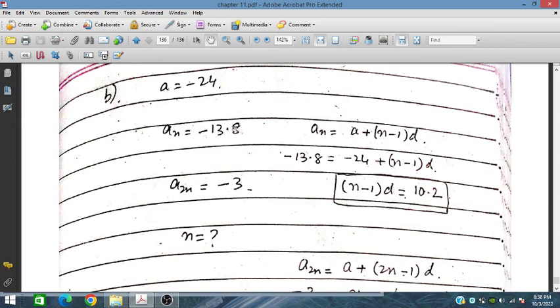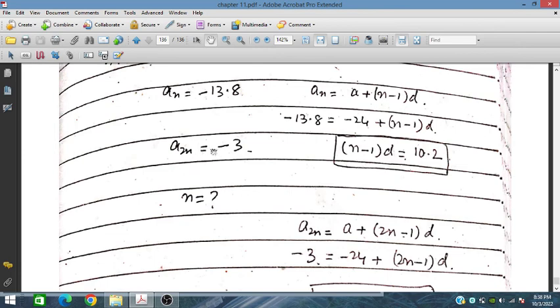An is given as minus 13.8 and a is minus 24, and n is not given, so d is also not given. So we place the values of these two to obtain n minus 1 d is equal to 10.2. And similarly for the second information, a2n is equal to a plus 2n minus 1 d.